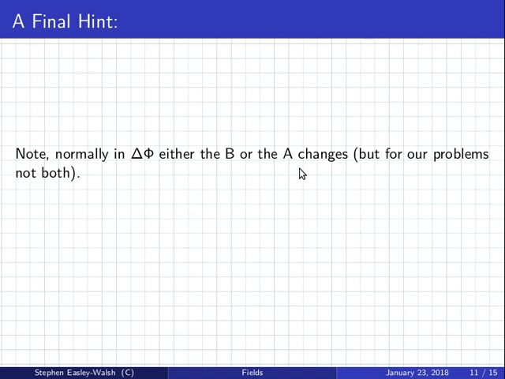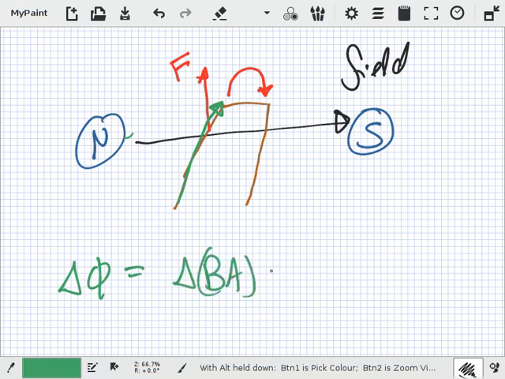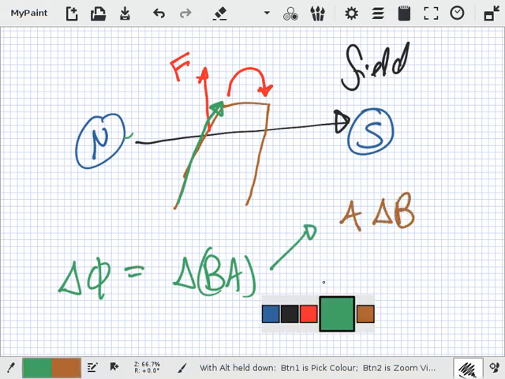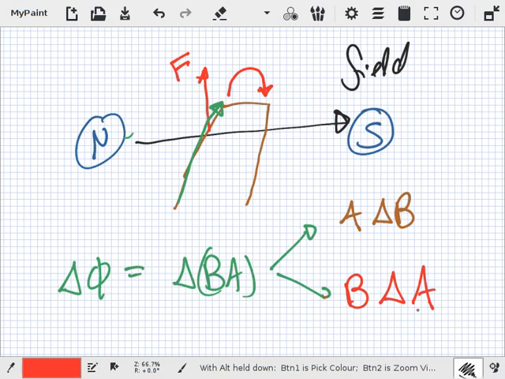When we're considering this, which equals the change in this, either the B is changing, so it'll be area times the change in B, or the B is constant, but the area changes.